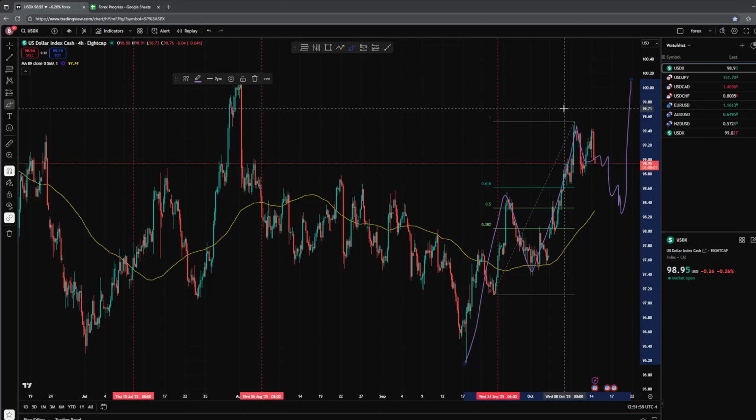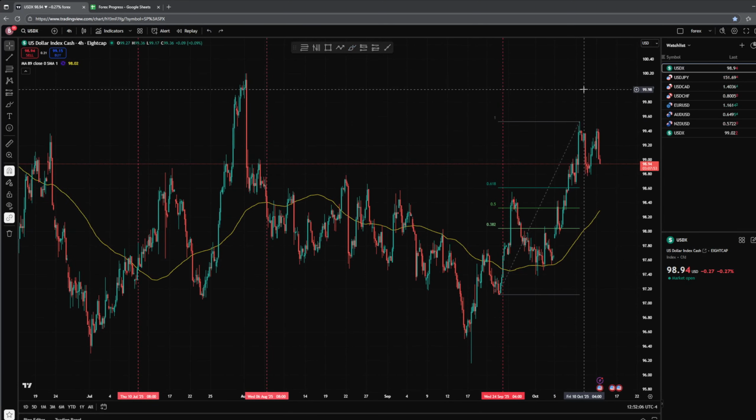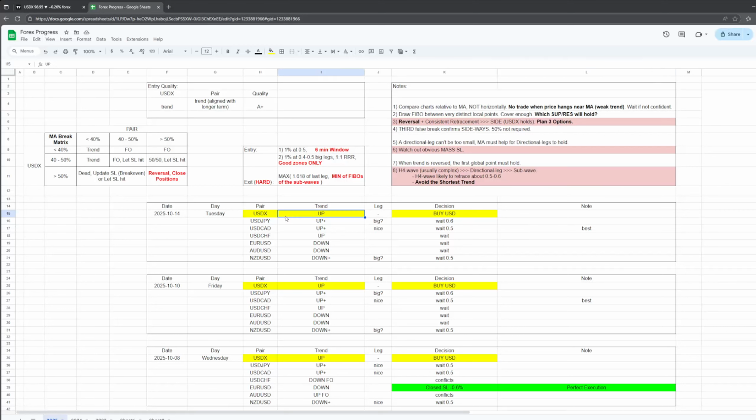So USD index having an uptrend means USD is getting stronger and we're going to look for opportunities to buy USD. Okay, let's write it down. Today is Tuesday, USD index trend is up, and our decision is to look for opportunities to buy USD.